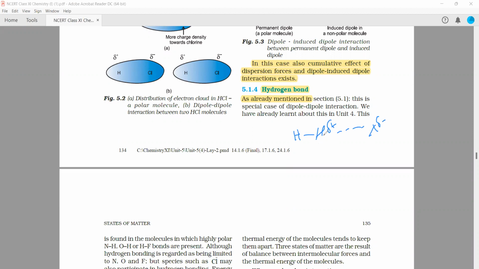Will this hydrogen have delta positive charge when it is connected with hydrogen? No, it has to be connected with some other atom that is more electronegative than hydrogen, and that is how it can have some delta positive charge and form hydrogen bonding with three elements: F, O, and N, that is, fluorine, oxygen, and nitrogen.